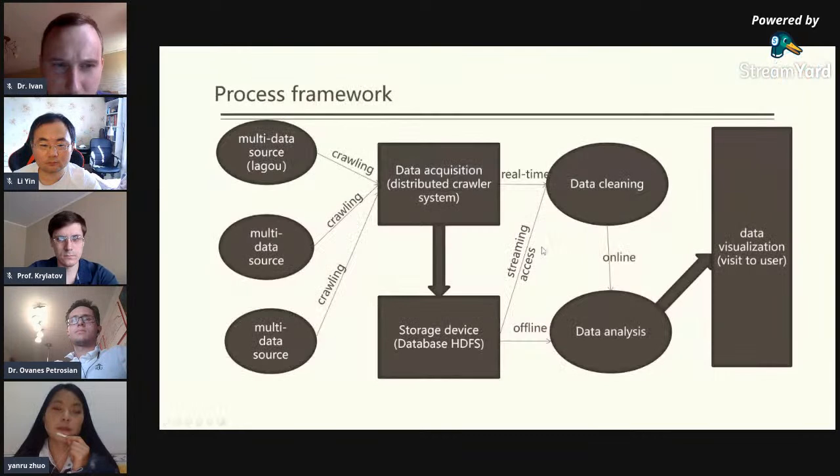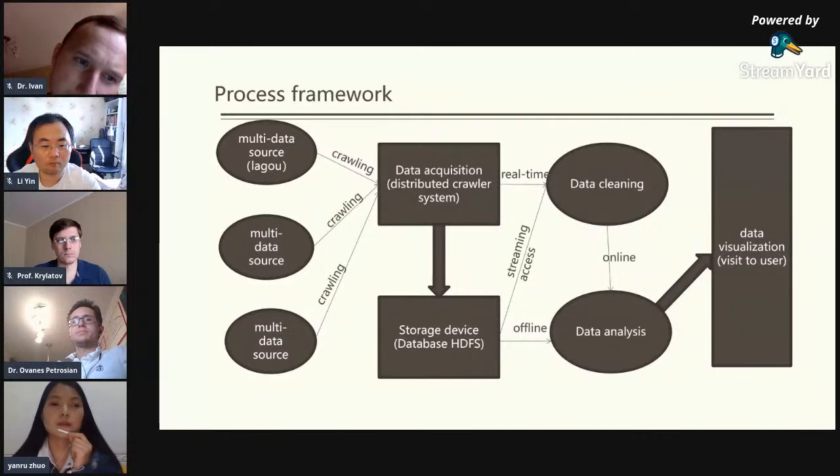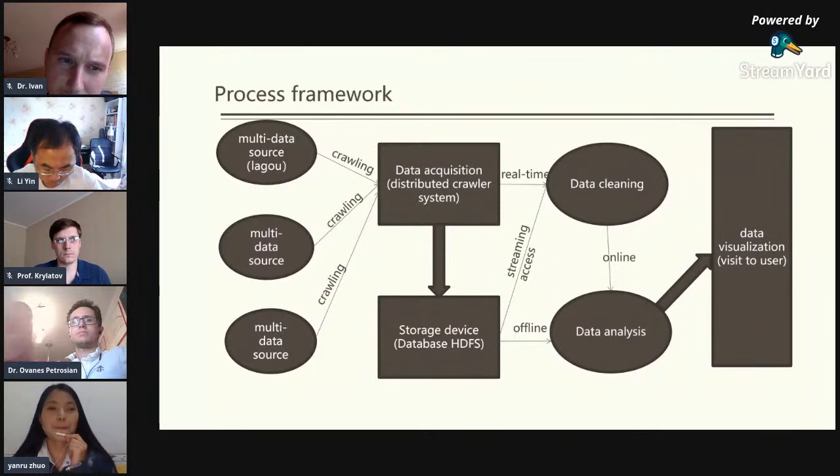With that in mind, let's take a look at the process framework to make it easy to understand. The data acquisition part: crawl the data on the internet, and then data storage is divided into two parts.